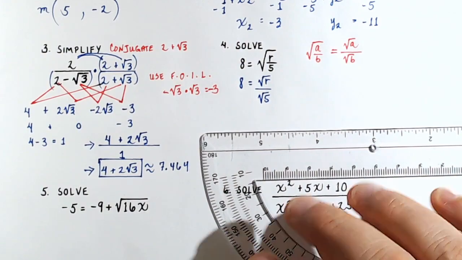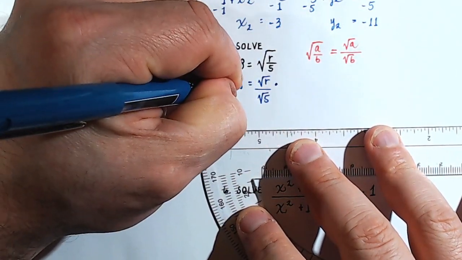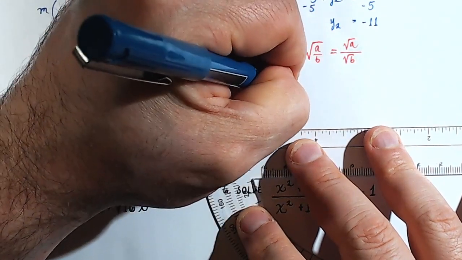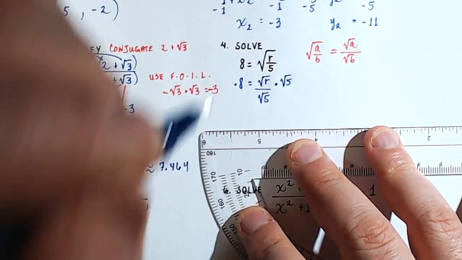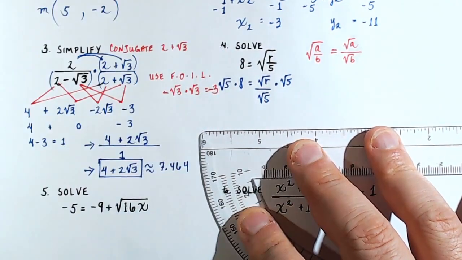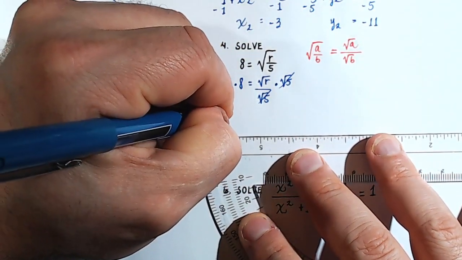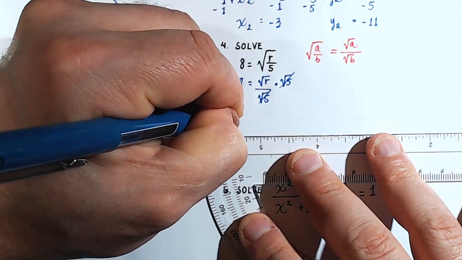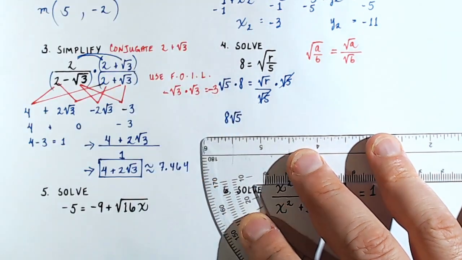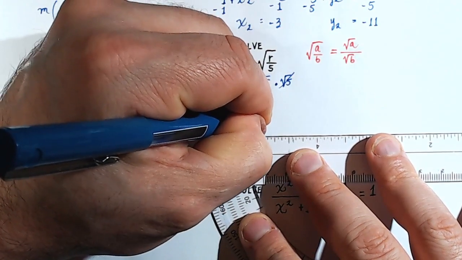Now, to get rid of the denominator here, I'll simply multiply both sides of the equation by square root 5. And the chief benefit of doing that is that I can cancel the denominator on the right side. Now on the left side, I have 8 square root 5 equals square root r.